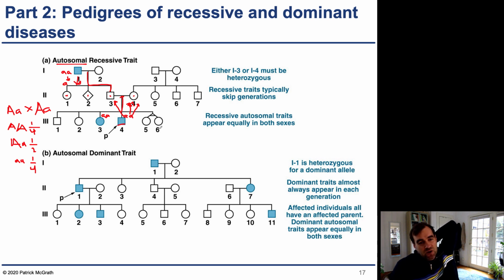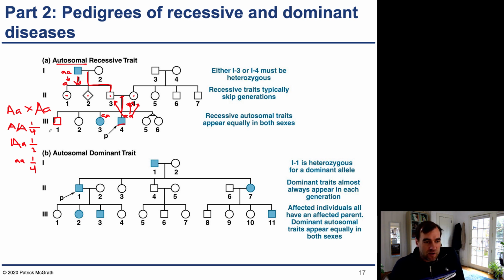So for these other individuals, we can ask, what is the probability that they're carriers? You might look at this individual, and this is where it gets a little bit tricky to do these pedigrees. You might think, okay, the probability that this individual is a carrier is 1/2, because we have 2 individuals that have it.